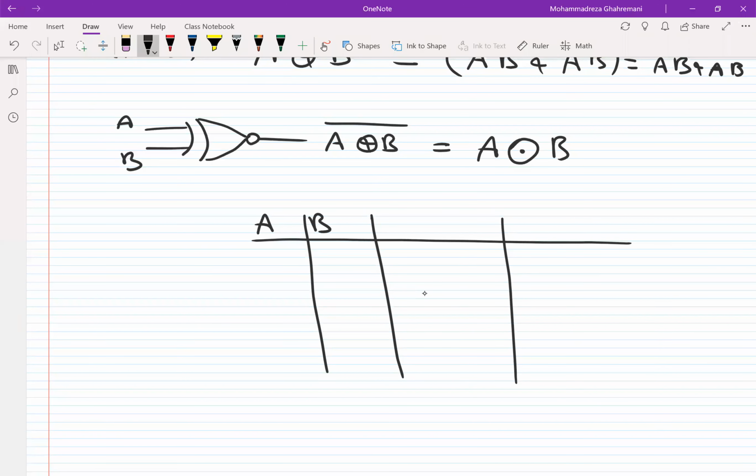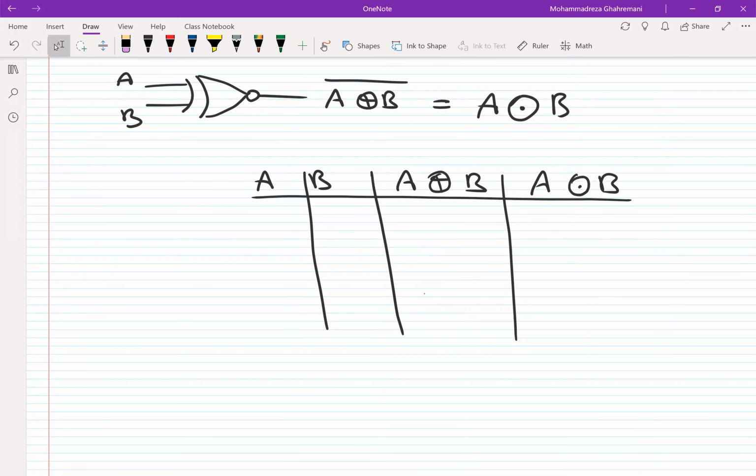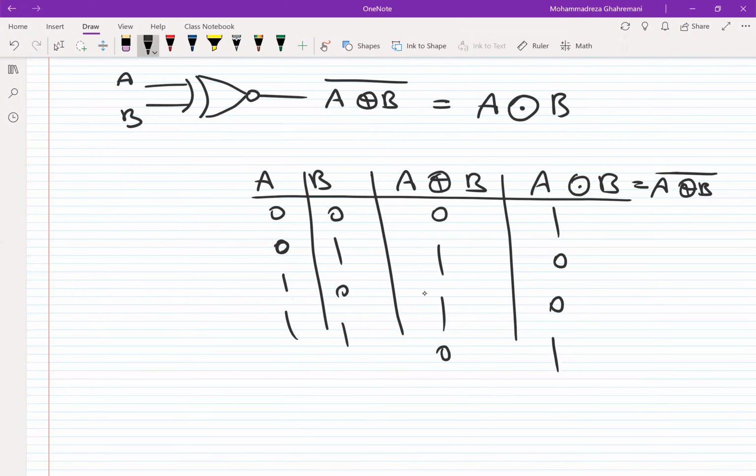A, B, XOR, and XNOR, which is the complement of XOR. If AB is 0, 0, 0, 1, 1, 0, 1, 1, XOR is 0, 1, 1, 0, XNOR is 1, 0, 0, 1.